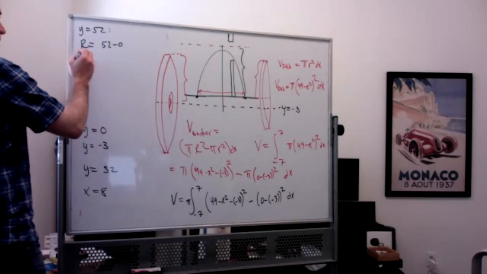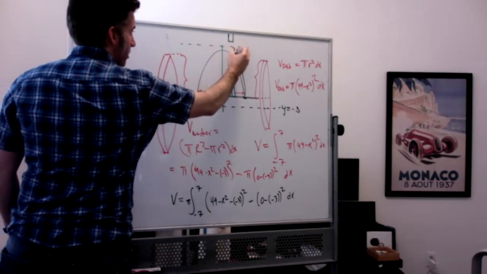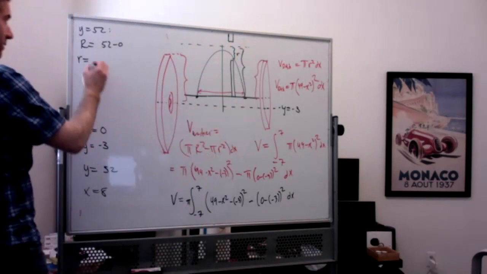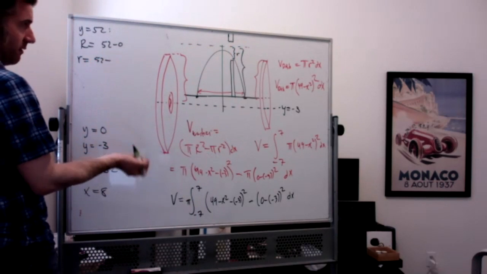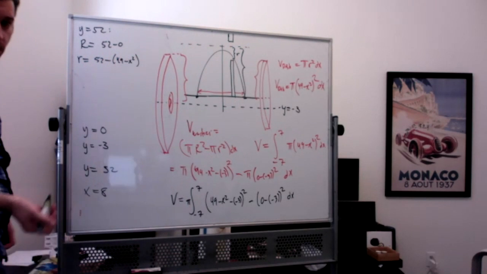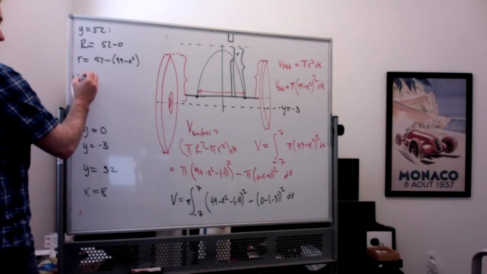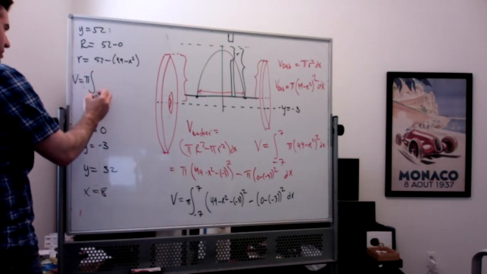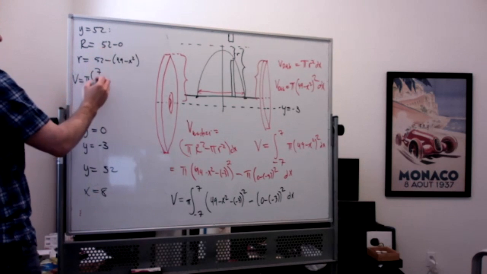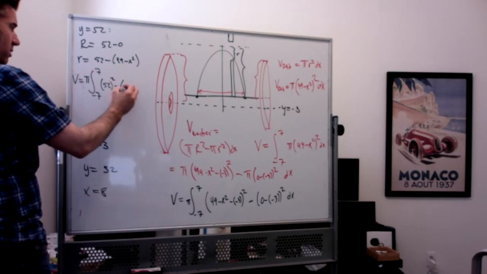And our inner radius is going to be that amount there, which is going to be 52 minus the function, 49 minus x squared. So the volume around this is going to be pi times the integral from -7 to 7 of your big radius squared minus your smaller radius squared.